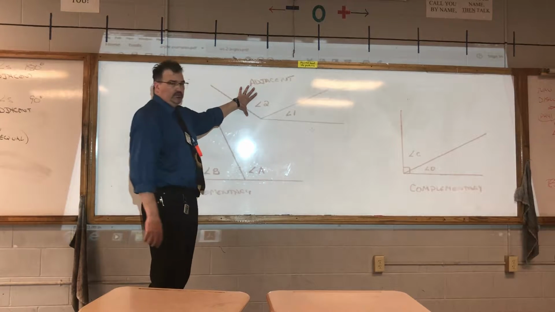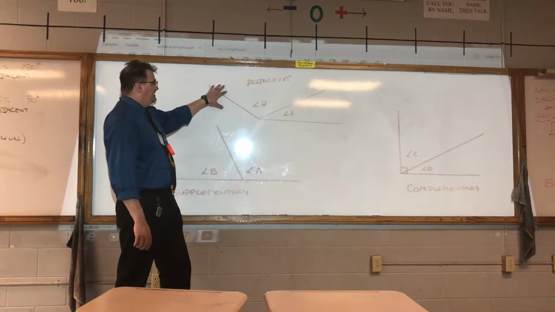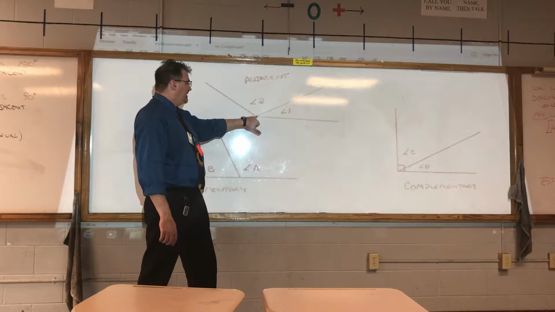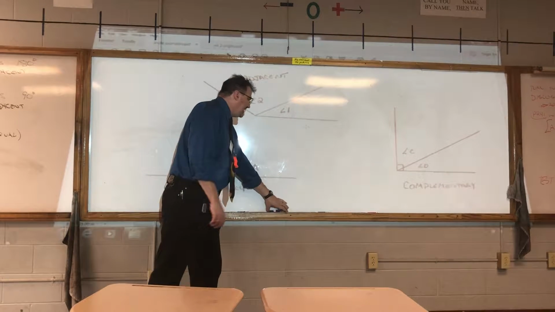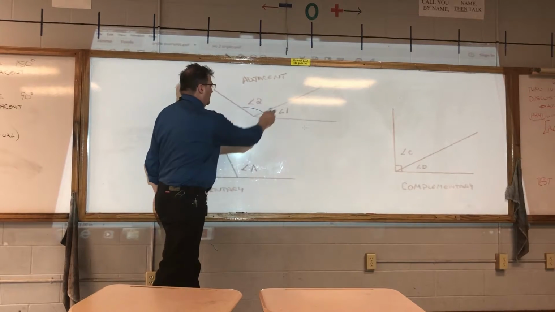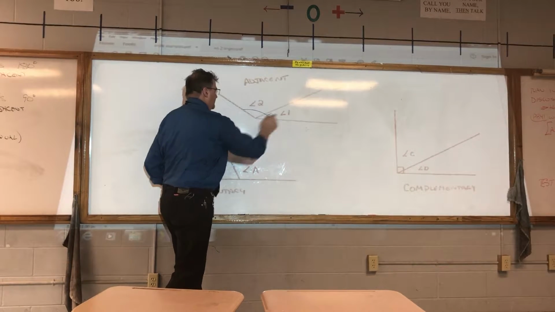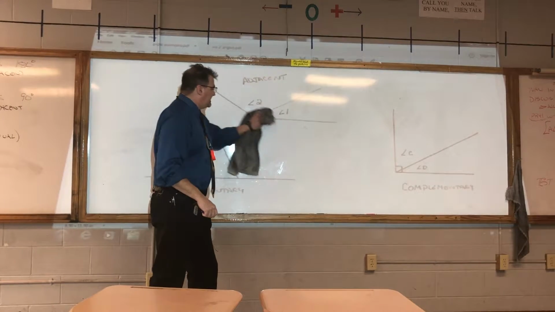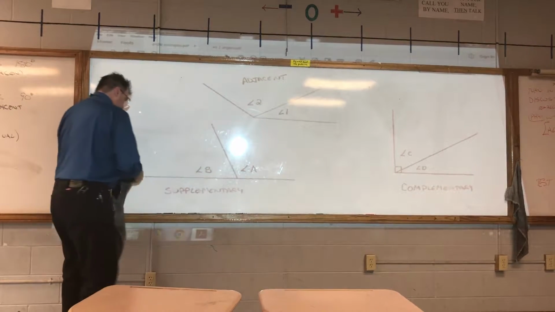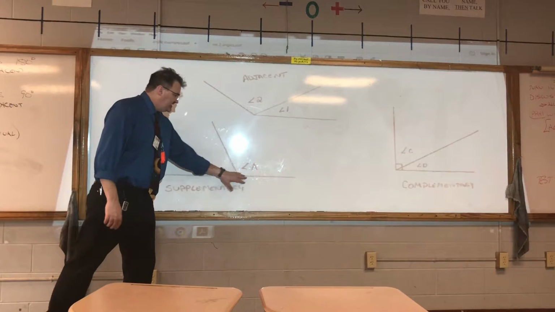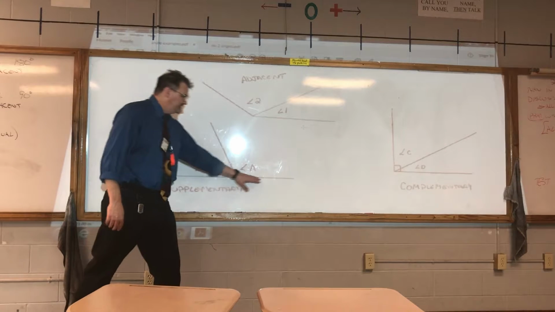Adjacent angles are angles that share a side and a vertex, but they combine to make a third angle, which is the sum of the two measurements. Specifically, we are going to talk about angles that when they are adjacent form a straight line.